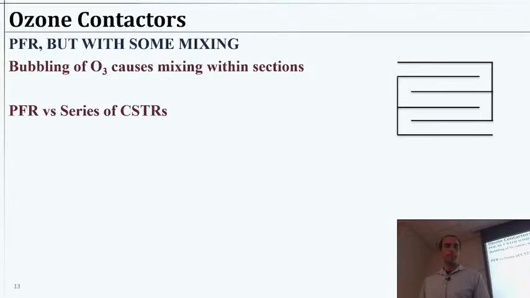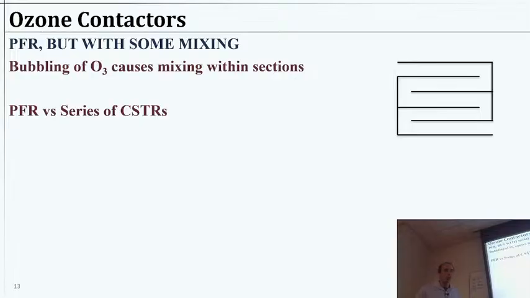All right. So, in practice, ozone contactors are normally not so nice and clean as a long plug flow reactor. In fact, we usually have to bubble ozone into a reactor to provide a consistent amount. Again, in part because it decays, and in part because we're usually treating a high volume and not just a long pipe like that.